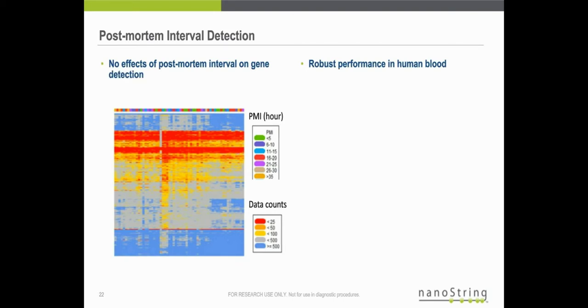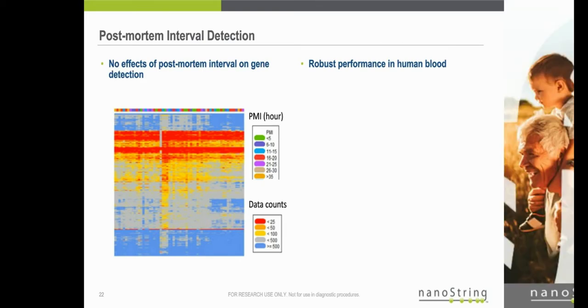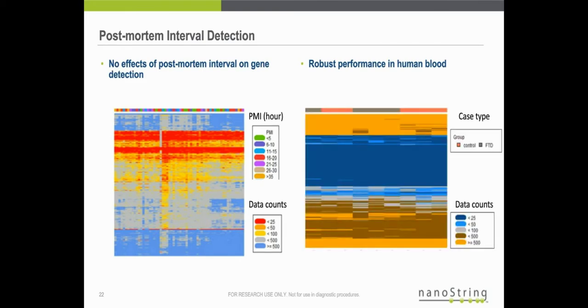Another important sample quality issue that we wanted to address is the performance of blood samples on the neuropathology panel. So unlike the neuroinflammation panel, which has gene content for peripheral immune cells, the neuropathology panel is, of course, more strictly CNS focused, and therefore we wanted to assess whether a substantial proportion of genes on the panel are detectable in blood.